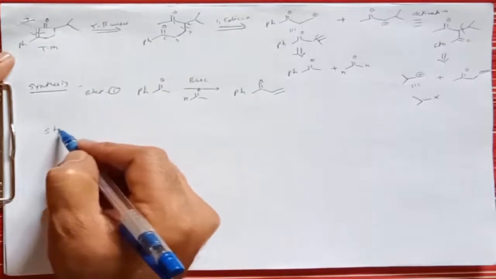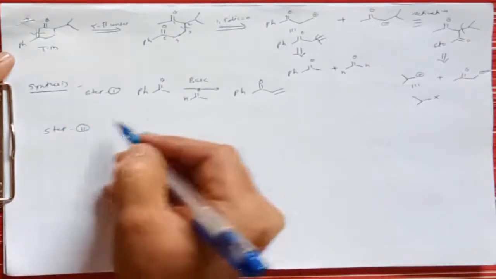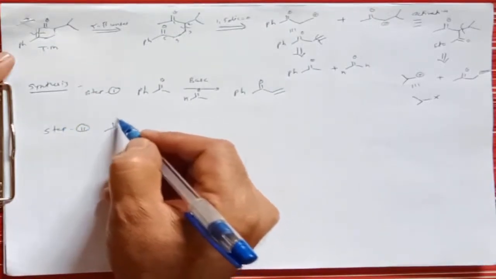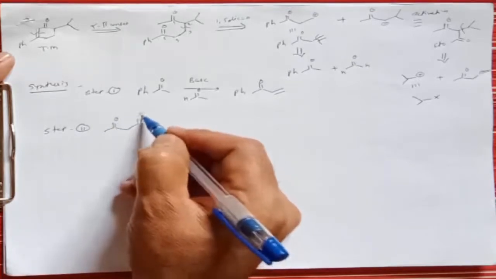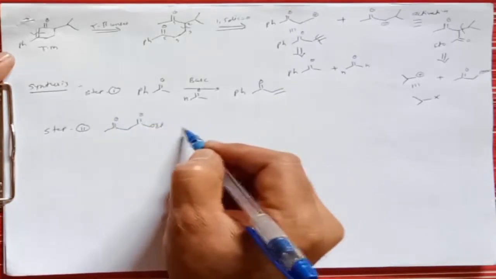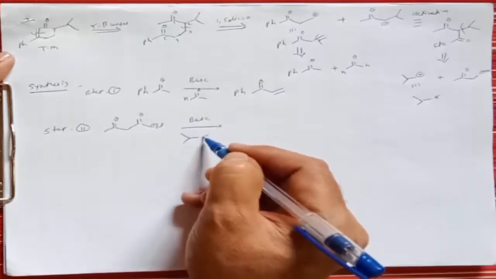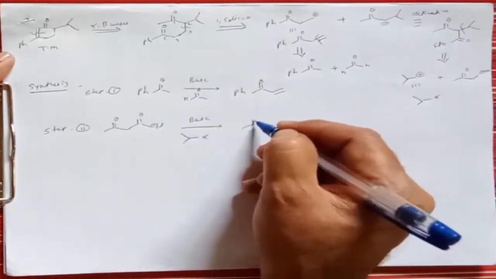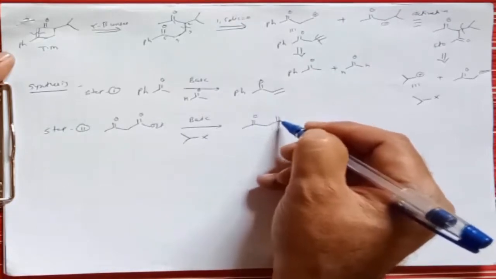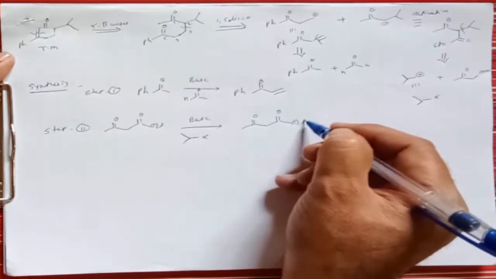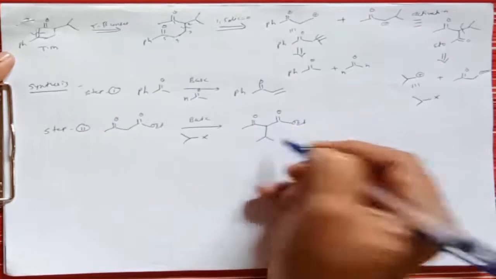In the second step we take ethyl acetoacetate, and treat it with a base and an isopropyl halide. Then it gives a substituted ethyl acetoacetate in this way.